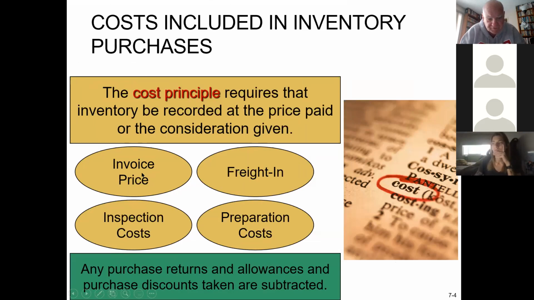Well, the garments cost $500,000, but the freight costs, meaning the trucking and the shipping, become part of the cost of the product, freight in. Any inspection costs that are involved would go in, any preparation costs. In this chapter, we're pretty much just talking the invoice cost and the freight cost.